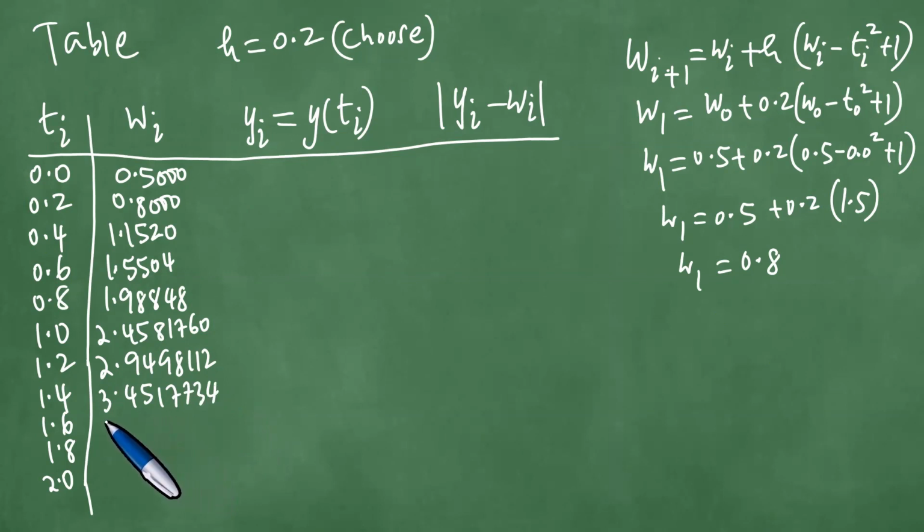So 1.6, for instance, becomes 3.9501281. Okay, there's going to be a lot of calculator practice tomorrow.